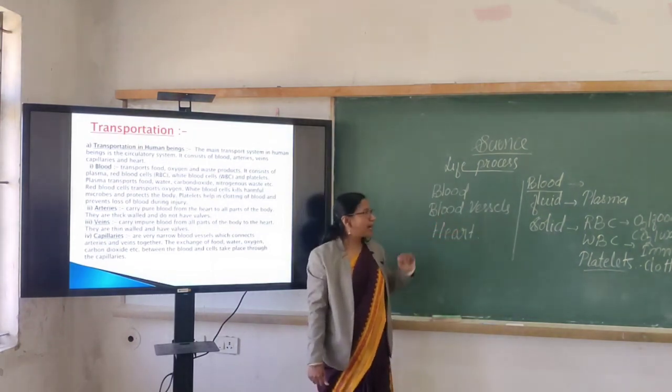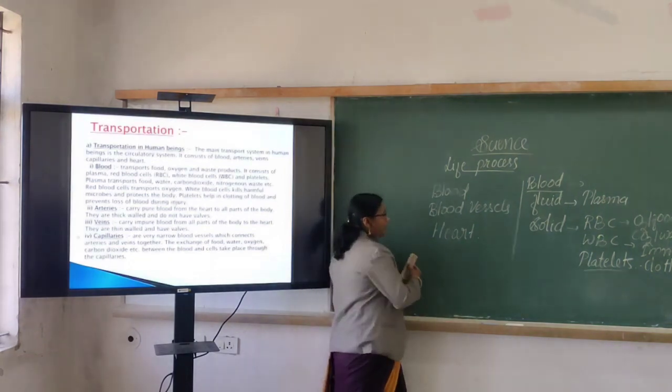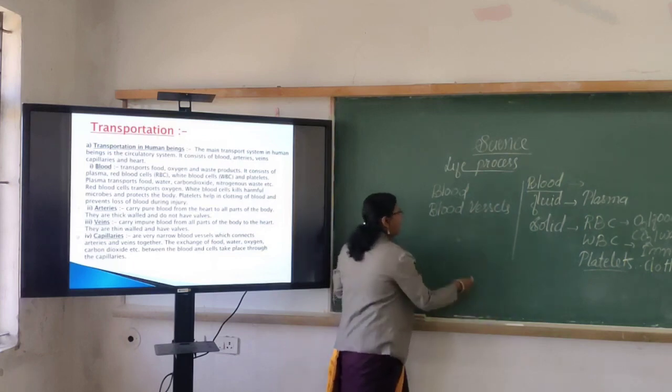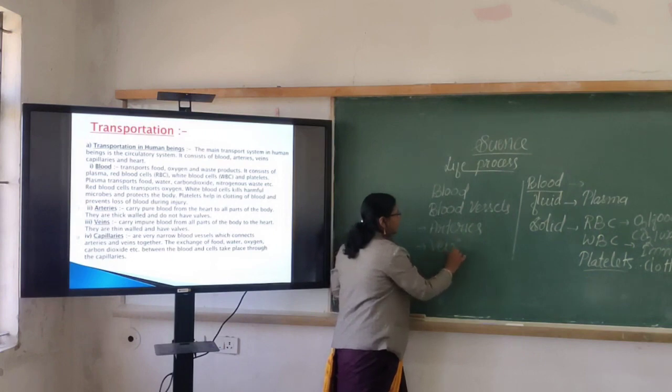Now let us come to the blood vessels. There are three types of blood vessels in our body: arteries, veins and capillaries.